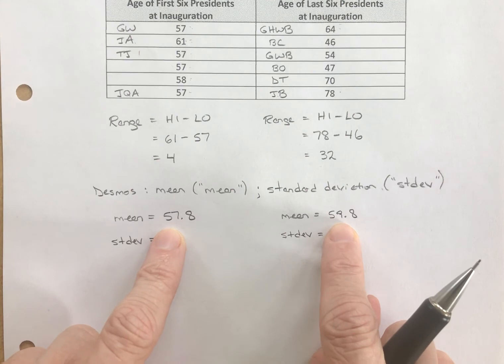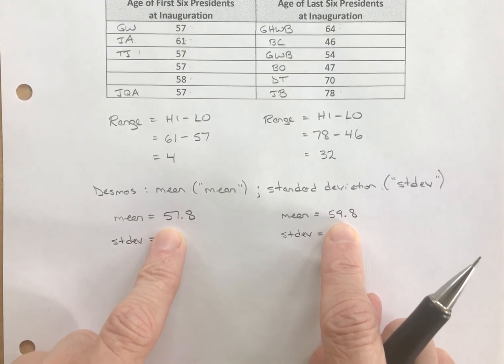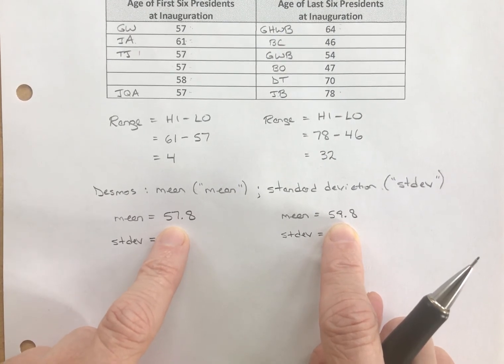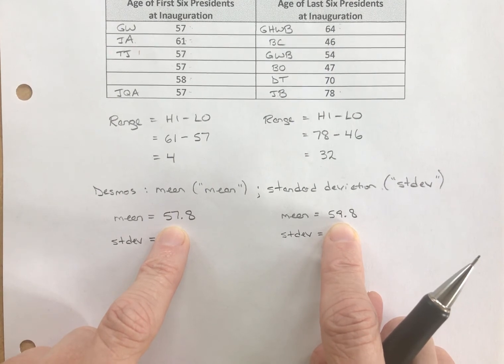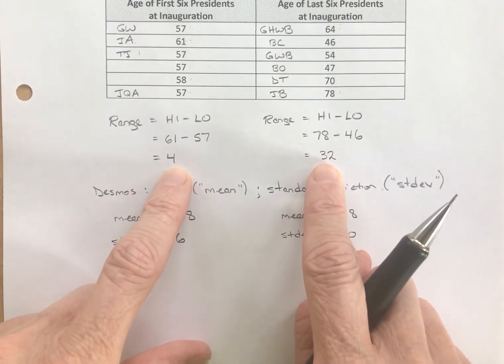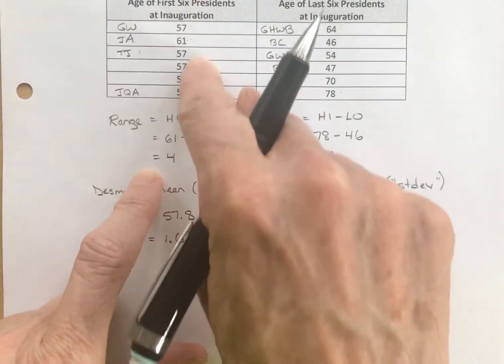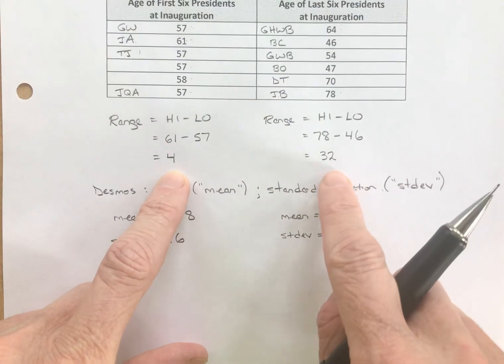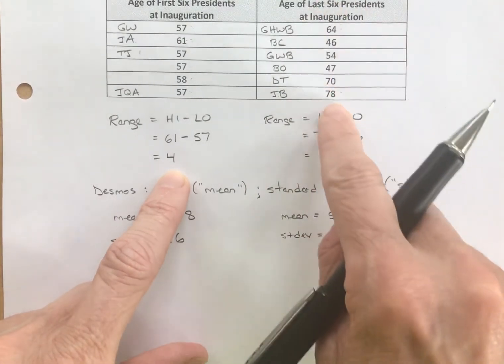Notice that the means, the average age of our first 6 presidents and our last 6 presidents, are quite close. We're only off by a couple years here. They're very close to one another. So the mean's not telling us much. Now the range is telling us that they're really quite different. These presidents, with a range of 4, have ages that are quite close, and these presidents with a range of 32 are quite different.